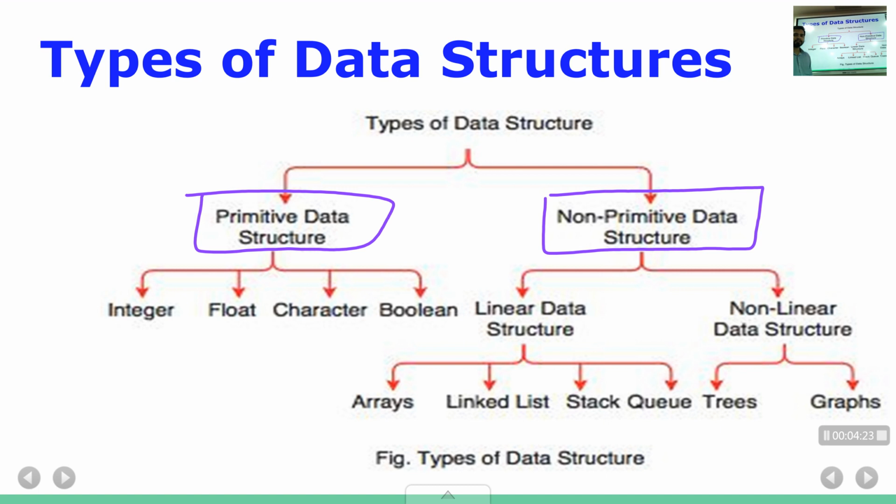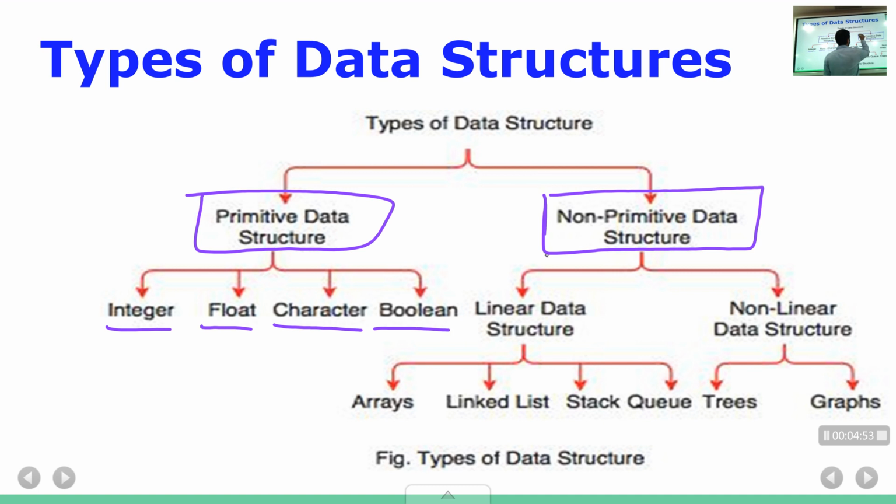Primitive data structures are your inbuilt data types. Every programming language comes with inbuilt data types. For example, it could be integer, float, character, or boolean. So whichever are your inbuilt data types are known as primitive data structures.